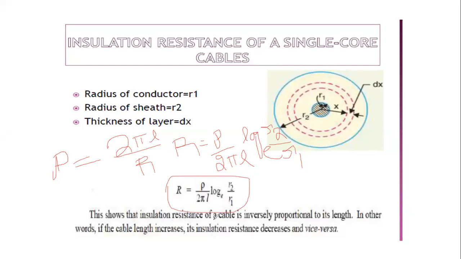This shows that the insulation resistance of a cable is inversely proportional to the length. In other words, if the length of the cable increases, then the resistance decreases.